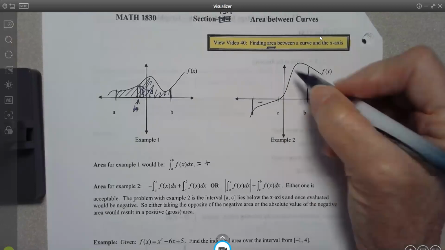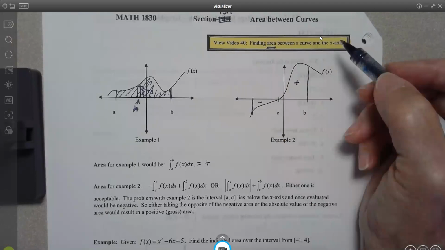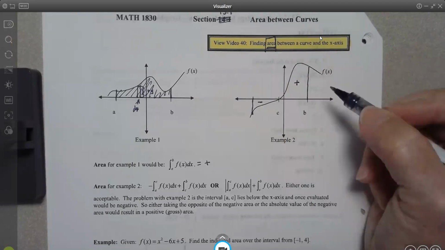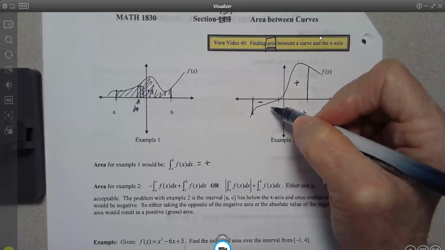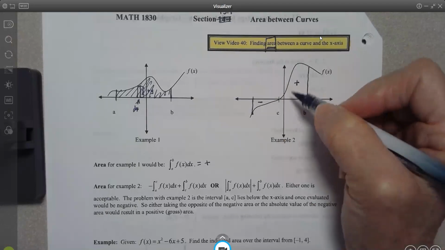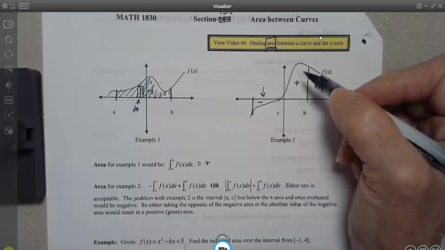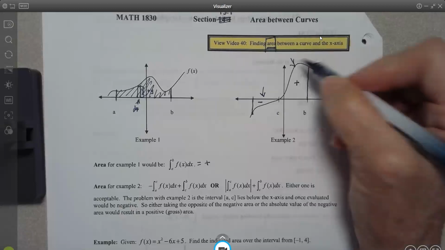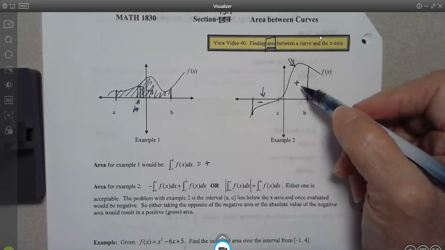But if I must find the area, anything below, I have to make it positive. So this is where one of those rules comes in that I initially talked about the other day. I'm going to have to find this area here and then turn around and find this area. But with this area being positive, that's not as much work as I need. This is the one I have to take care of.